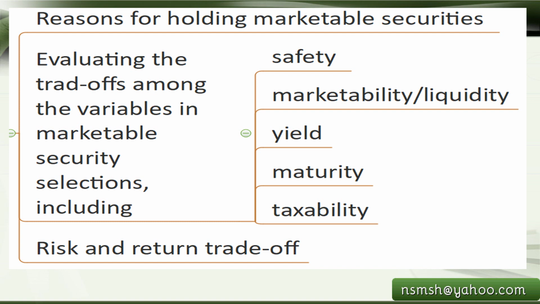Generally, why do we hold marketable securities? This is for safety and marketability, as and when we need, and it can be liquidated immediately when we want. There is yield, a return. There is a clear maturity so that we can plan accordingly, and taxability also: there are certain marketable securities where we get a tax benefit.